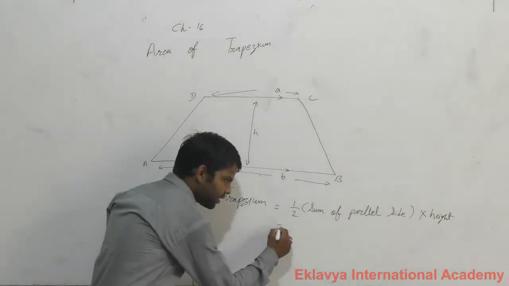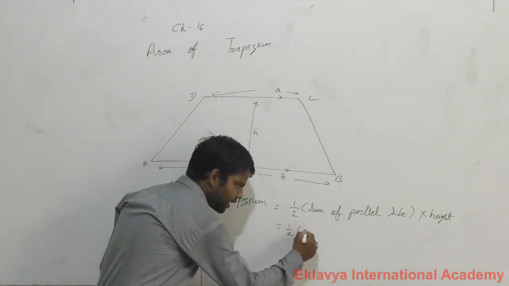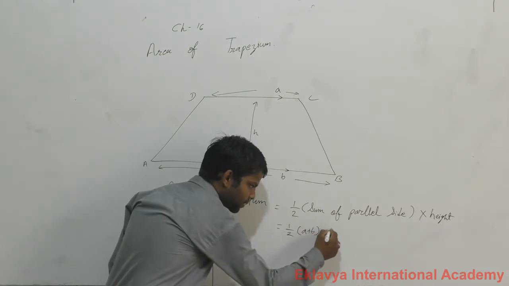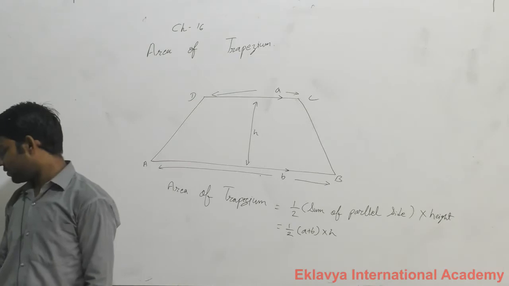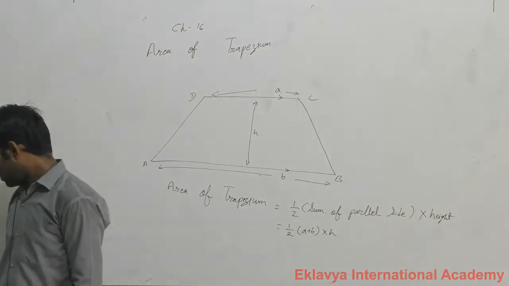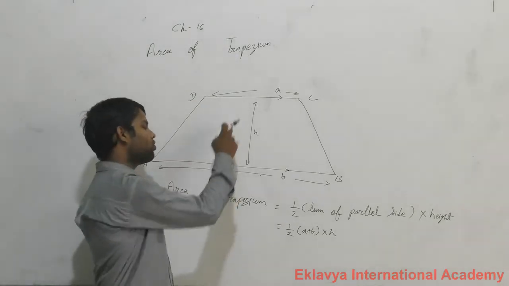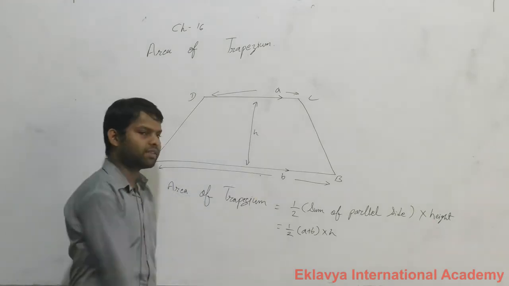Otherwise we will say 1/2 bracket a plus b multiply by h. Okay students, so in the trapezium we have two parallel sides, and one height.